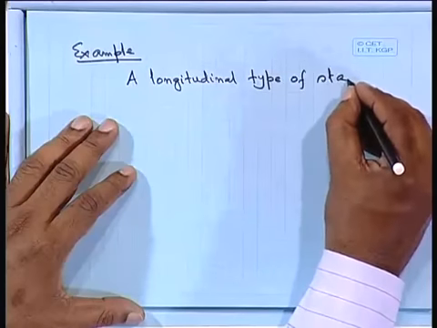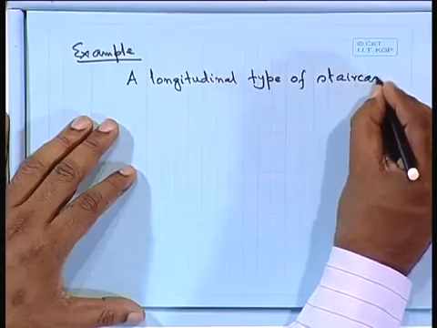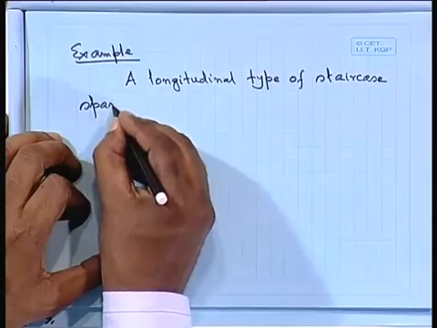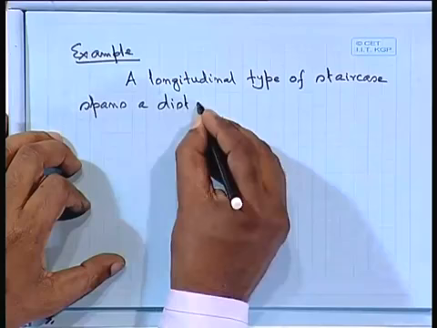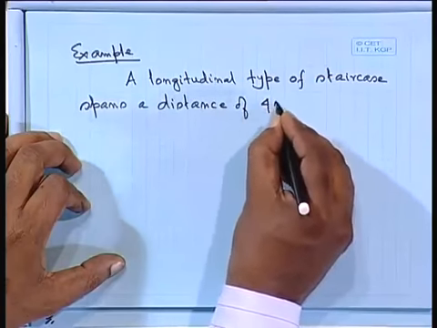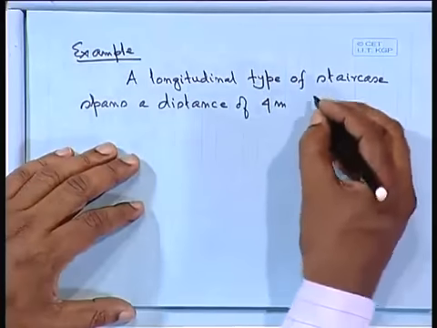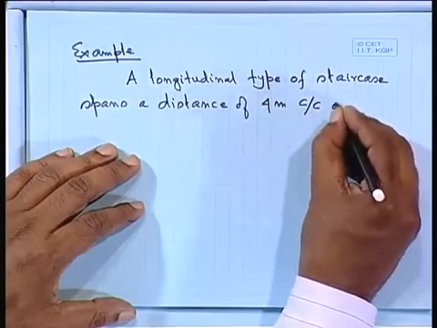So, a longitudinal type of staircase spans a distance of 4 meter. That means it is supported by two beams and the distance between two beams is 4 meter.